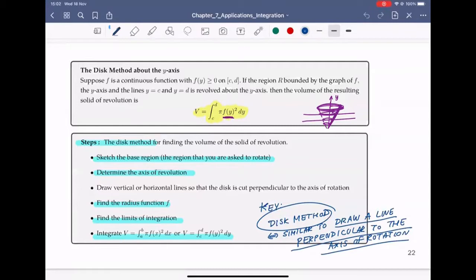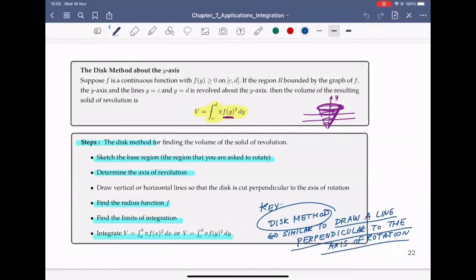So in the meantime, I am going to review this method that we just learned on Monday. On Monday, we said that if we have a region R, we can rotate the region R around the axis, and then I get a solid that's obtained by a rotation.